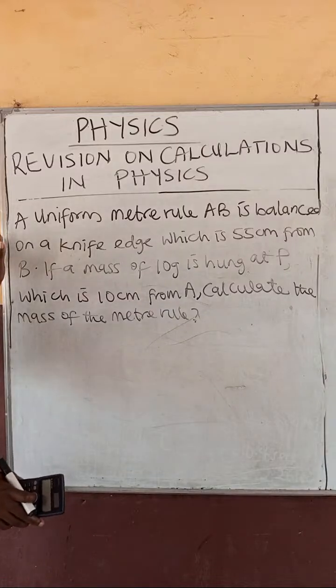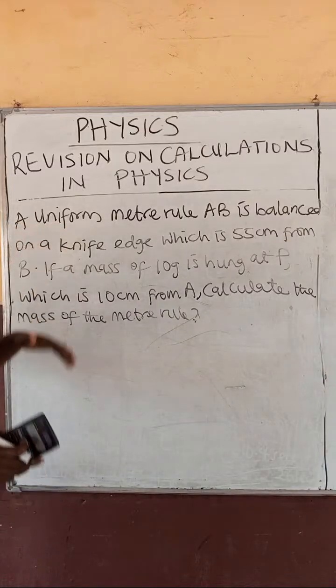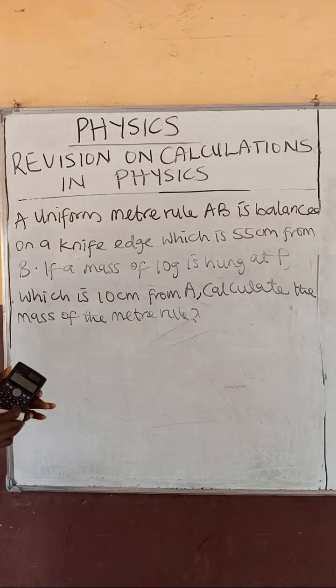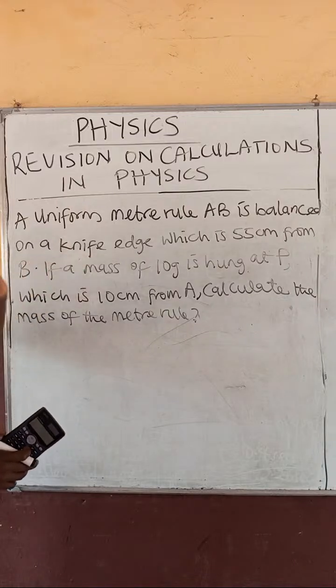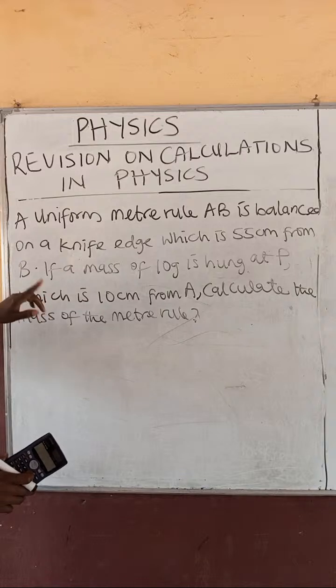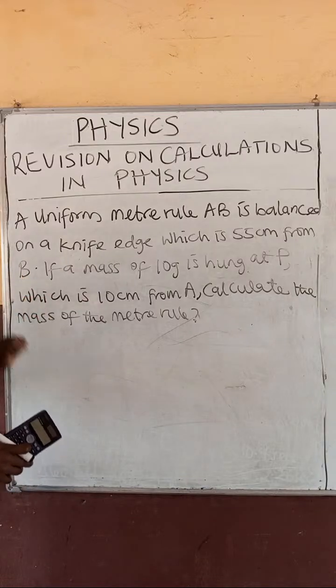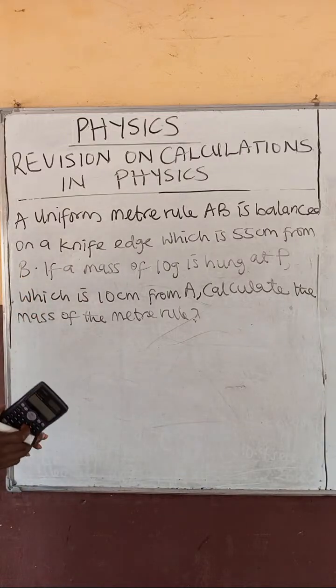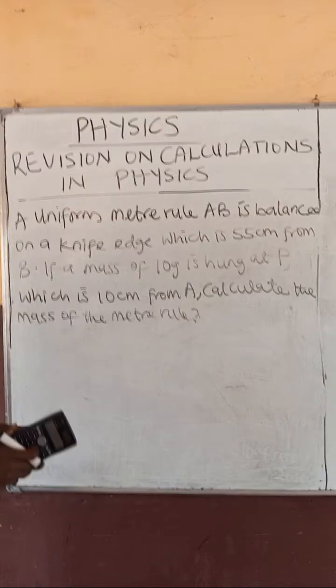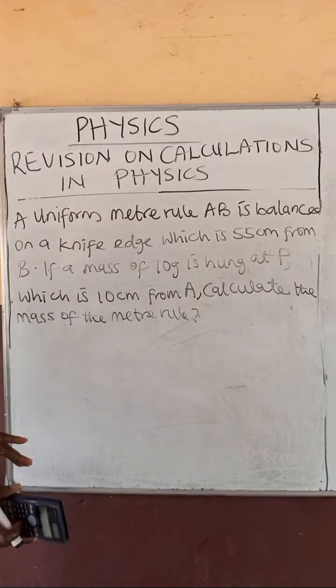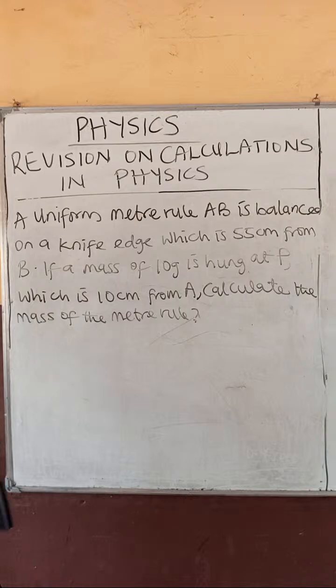A uniform meter rule, AB, is balanced on a knife edge, which is 55 centimeters from B. If a mass of 10 grams is hung at P, which is 10 cm from A, calculate the mass of the meter rule. Let me do it again.